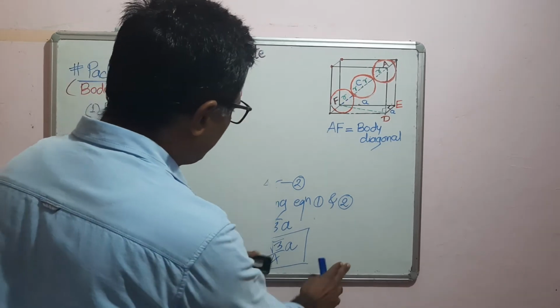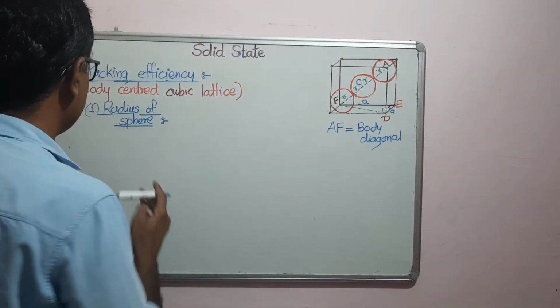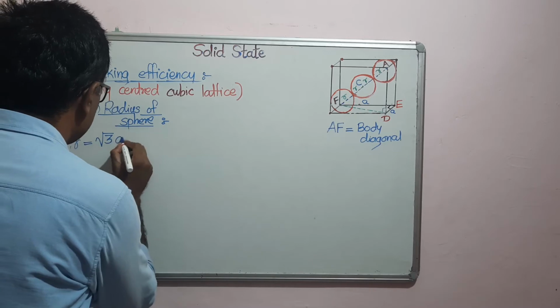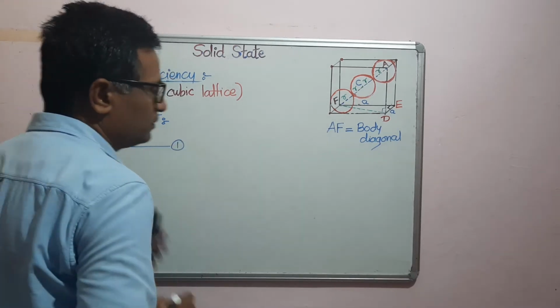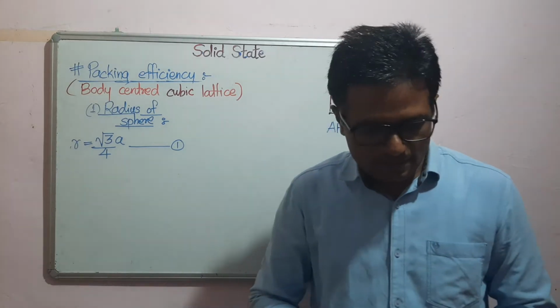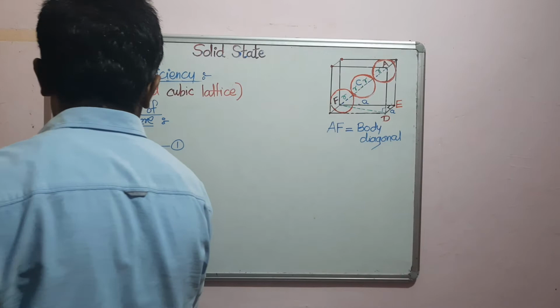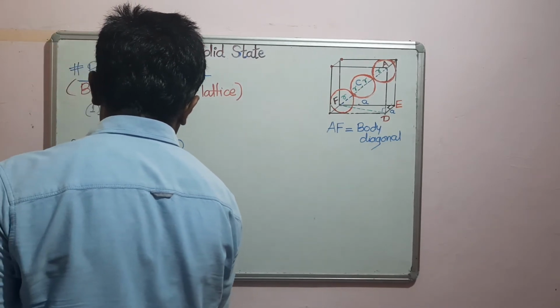What is the radius of sphere? Root 3 a upon 4. So radius is equal to root 3 into a upon 4. This is step number 1. Then step number 2. What is step number 2? Step number 2 is the volume of sphere.